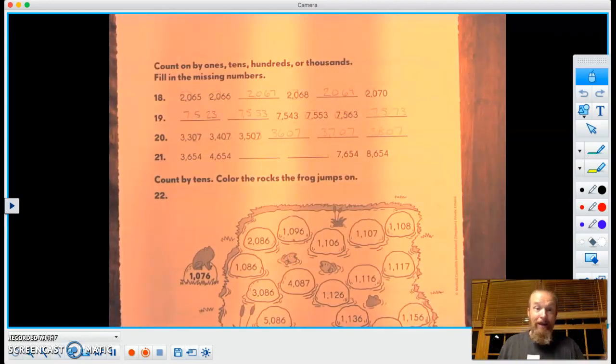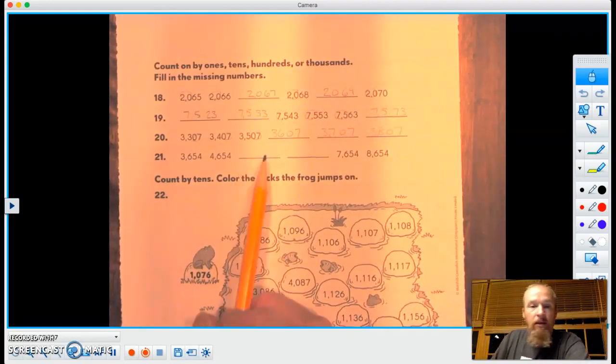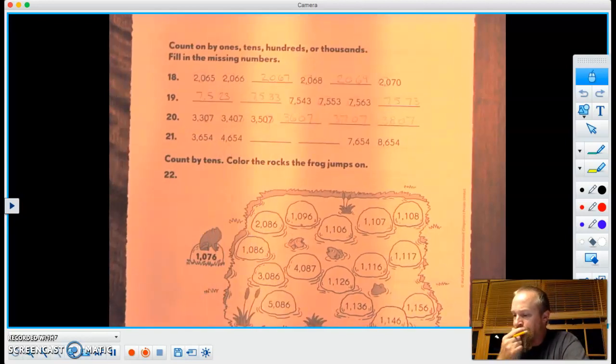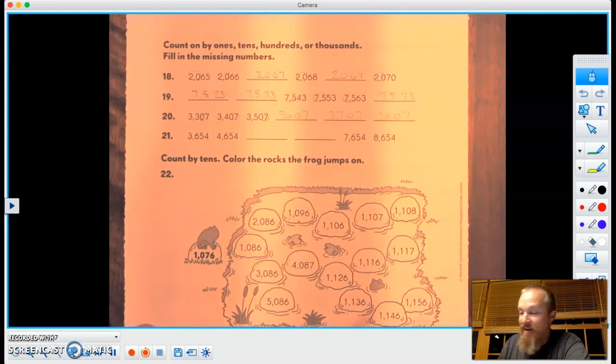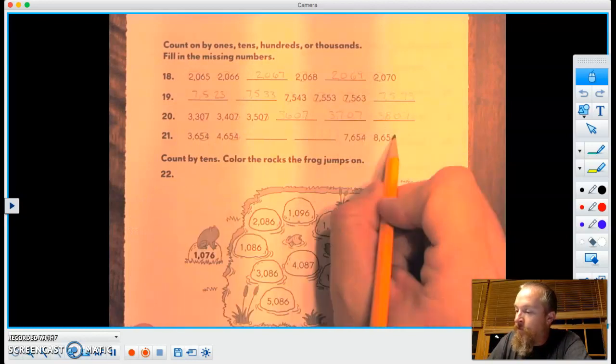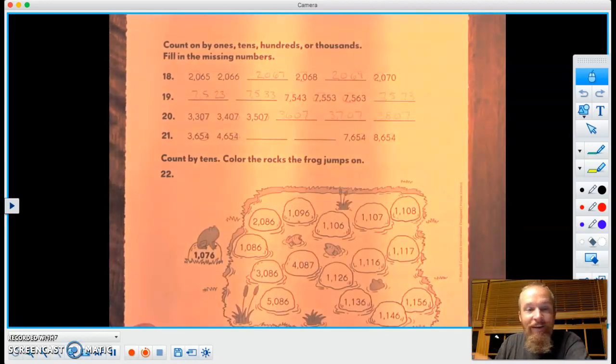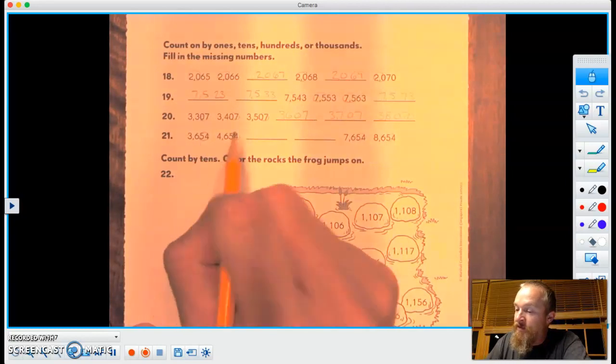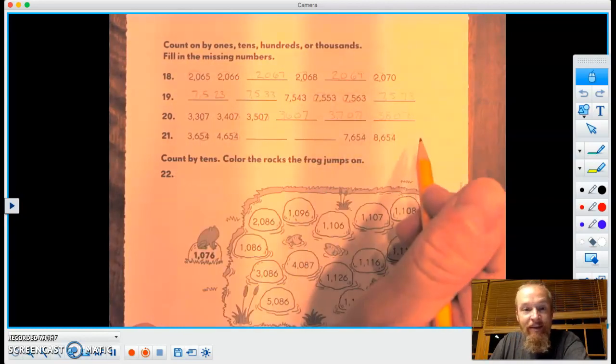All right, last one of these. You see what's the same on each of those? You find it? Yeah. 54, 54, 54, 54. So I see 36, 46, 76, and 86.